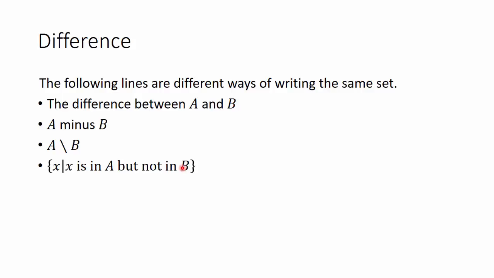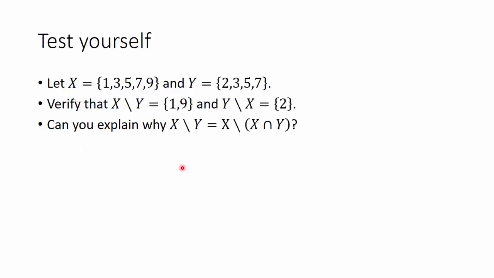Again, let's see an example. You can test yourself. Let x be the set with elements 1, 3, 5, 7, and 9. And let y be the set with elements 2, 3, 5, and 7 as before. And verify that x minus y is equal to the set with elements 1 and 9.